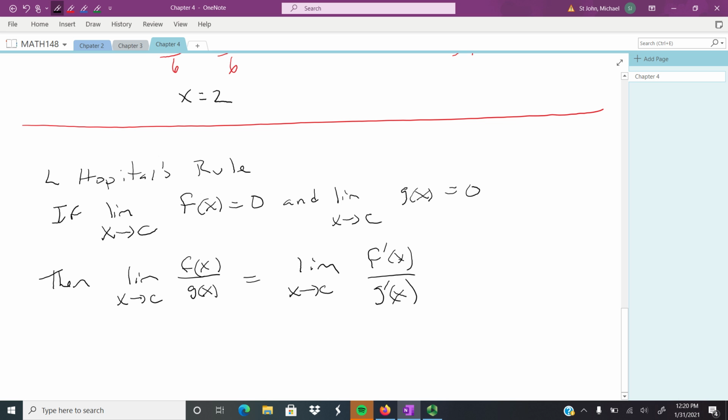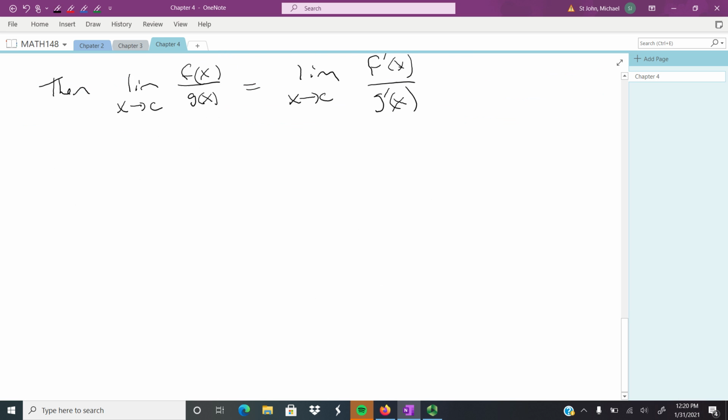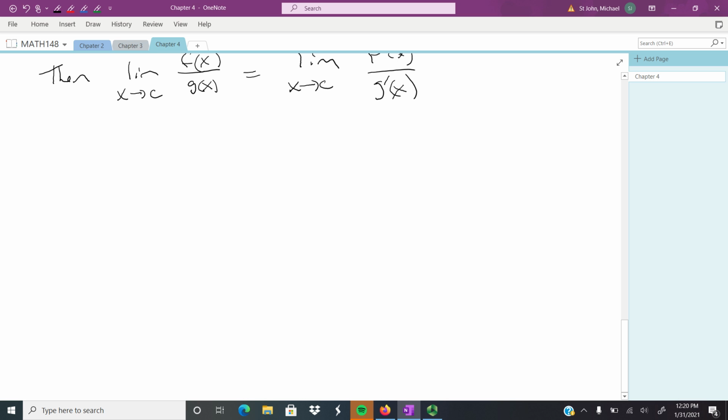Right? So let's do an example. What does this mean? So we want the limit as x goes to, in this case, 0, of e to the 4x minus 1 minus 4x over x squared.